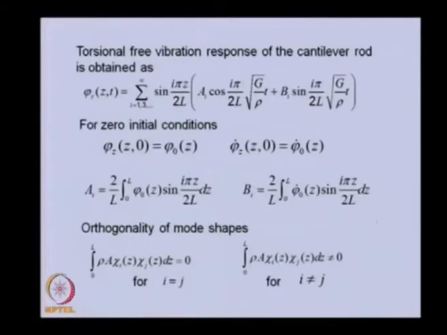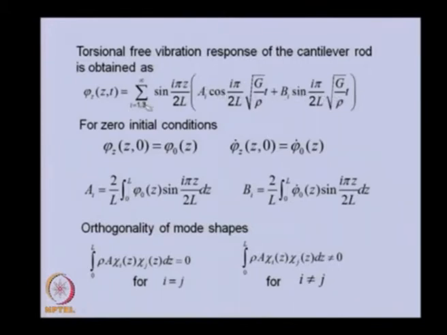So let us see how this torsional free vibration can be expressed in terms of the eigenfunction. This is for the case of the cantilever beam. This was the eigenfunction, and this is the harmonic function.